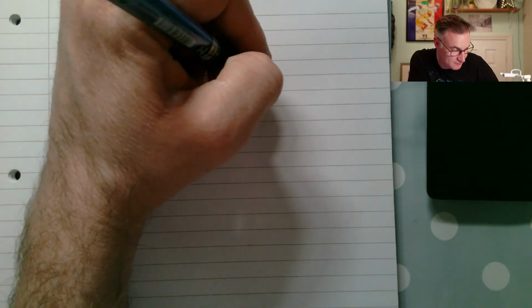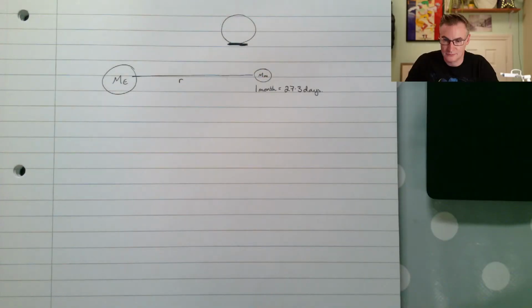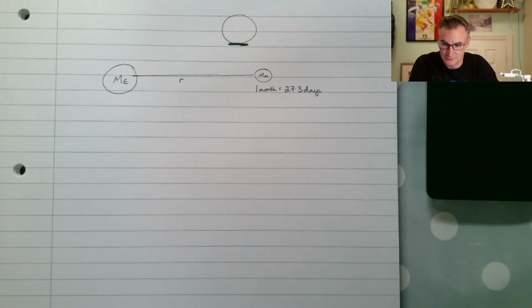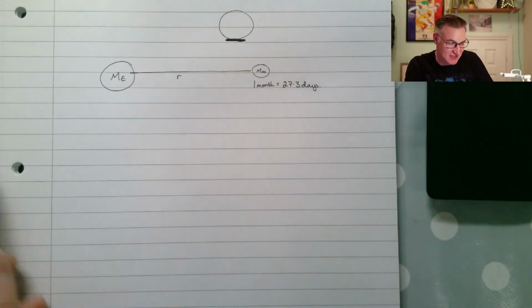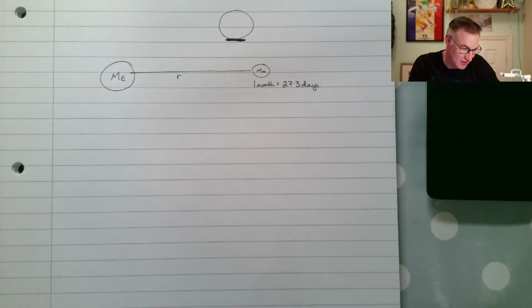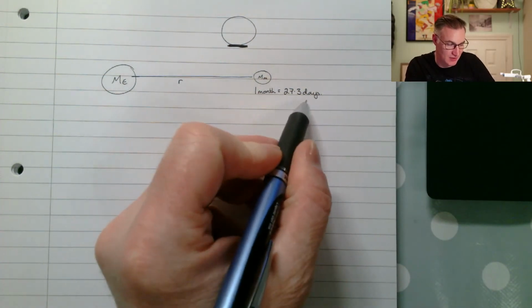We do know that that's what's called a month. You're going to look at this and think, wait a minute, that's not a month. But if we take the average time that it takes for the Moon to make one full circle around, then we'll have that.